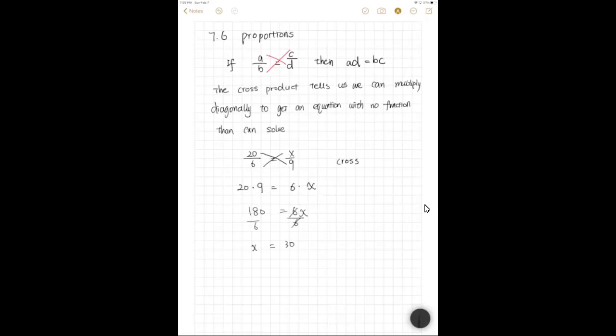Okay. So now what if the proportion has more than one term? If the proportion has more than one term, what we have to do is put parentheses.